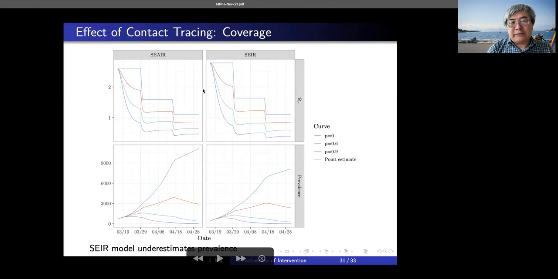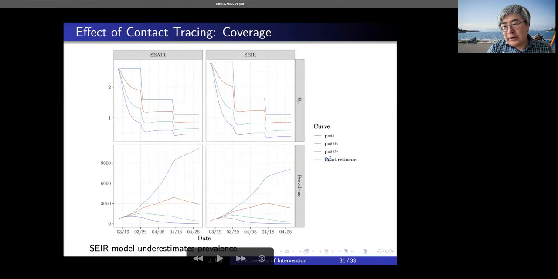If without coverage, without contact tracing, that's the green curve. As you can see, this is RC, the control reproduction number, which is mostly changed by beta and tau I, while contact tracing reduces the RC.